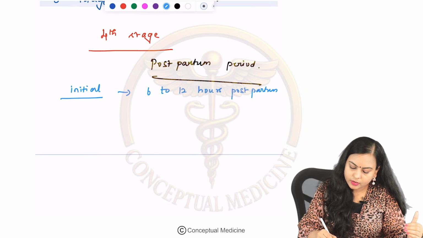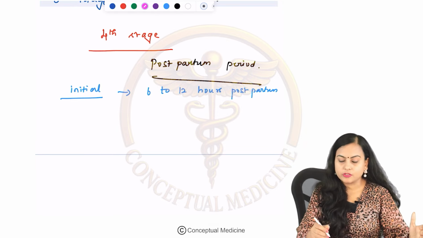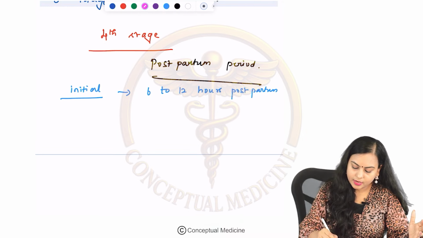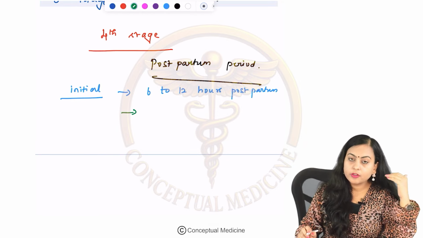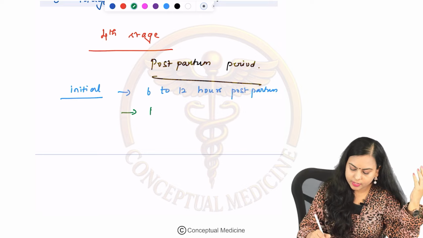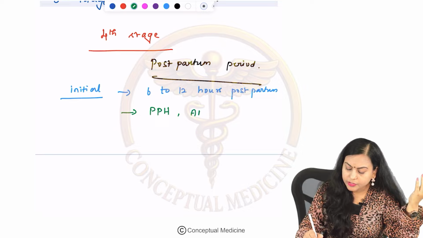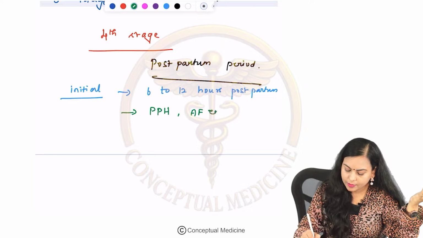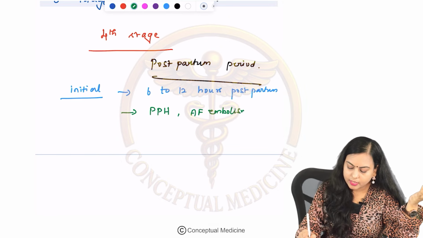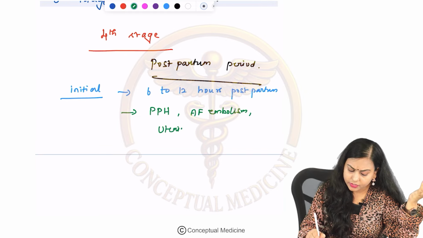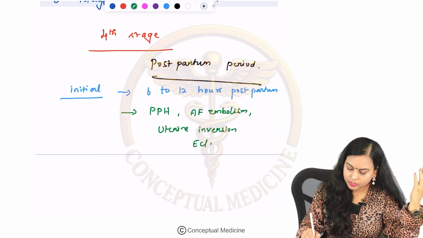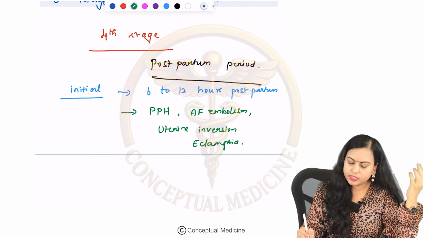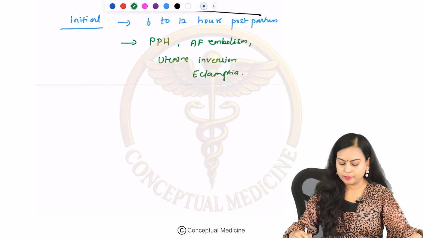Here you will be having rapid changes in the female, with the potential for immediate risks. What are the immediate risks? You can have PPH, or there can be amniotic fluid embolism. Then uterine inversion, even eclampsia can happen. Okay, so these are the risks in the immediate postpartum period.